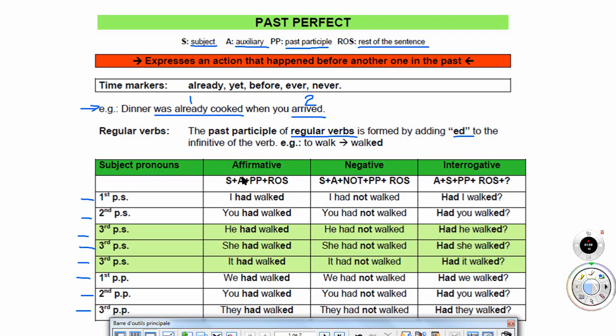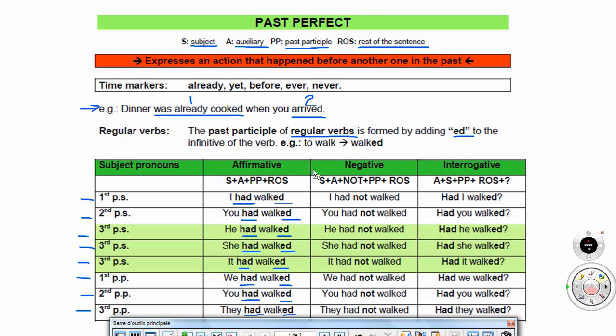The auxiliary in the past perfect is the verb have in the past. So, I had walked, you had walked, he had walked, she had walked, it had walked, we had walked, you had walked, they had walked.